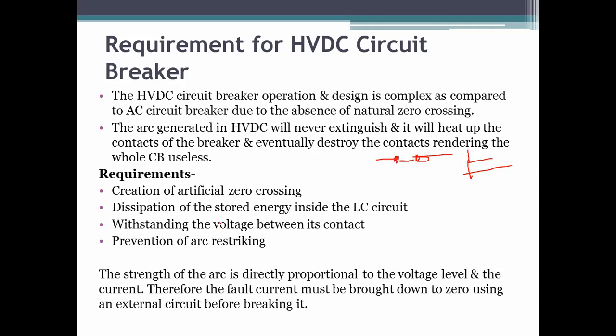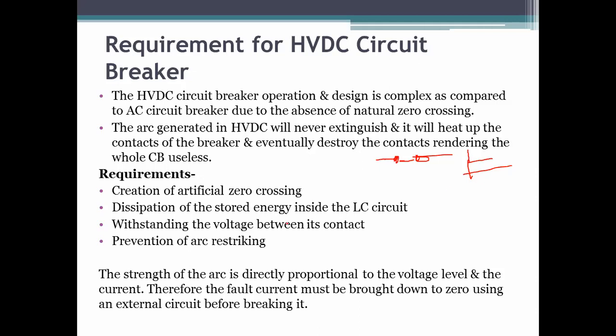Then, dissipation of stored energy inside the LC circuit. Actually we know that any transmission line has four parameters: R, L, G, and C. The capacitor stores energy, so if that capacitor dissipates its stored energy, then also we can extinguish the arc.